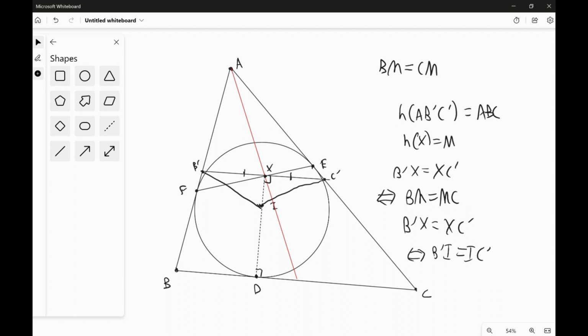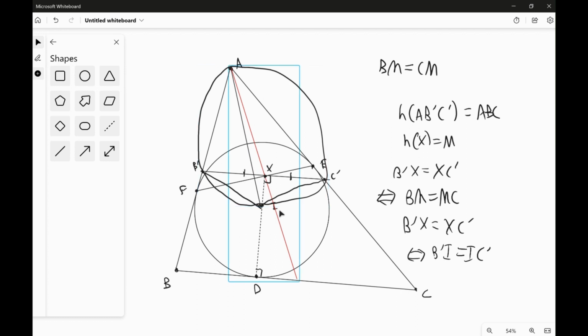So how do we go about proving this? Well, we know that AI is an angle bisector, and if we have the circumcircle of the triangle A B' C', sorry if this is a very bad looking circle, the angle bisector of B'AC' intersects this circumcircle at a point Y such that B'Y is equal to C'Y.